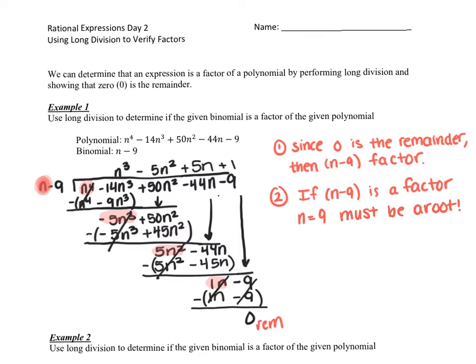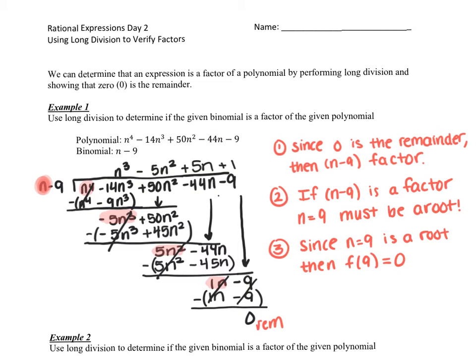And remember roots, the third conclusion: since n equals 9 is a root, then f of 9 must equal 0. I'm calling it f of 9 for general function notation. So f of 9 means that if I plug 9 into this original equation, I should, in fact, get 0.